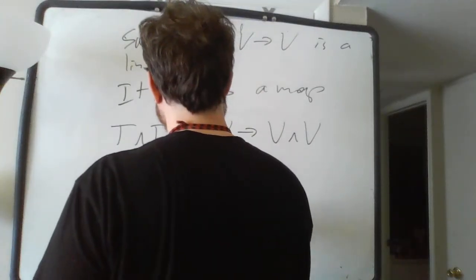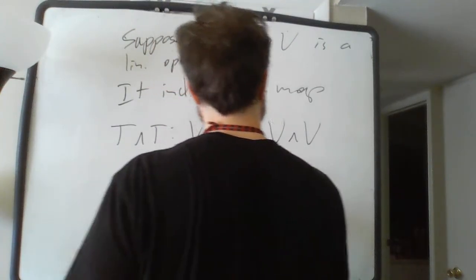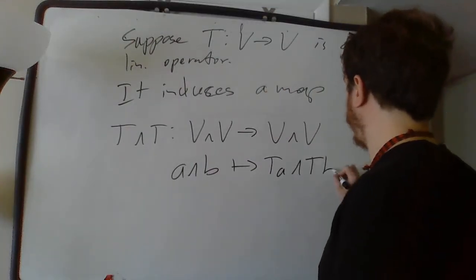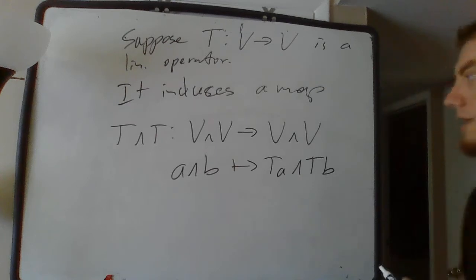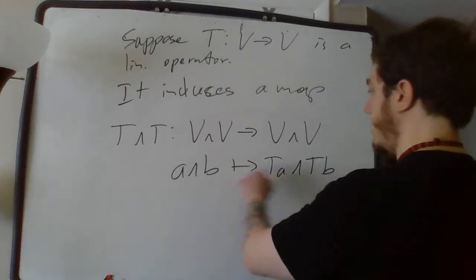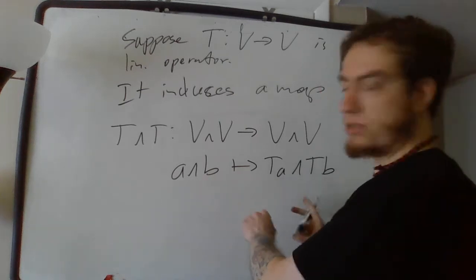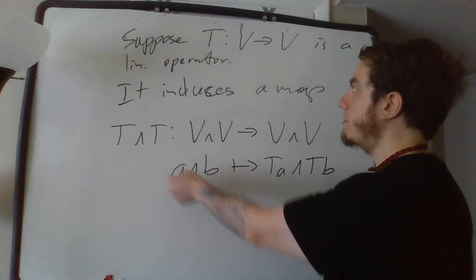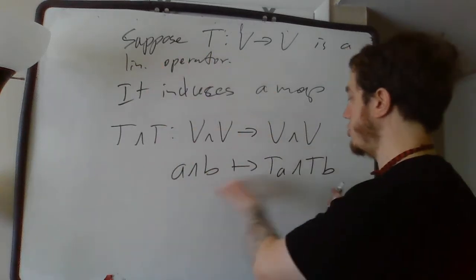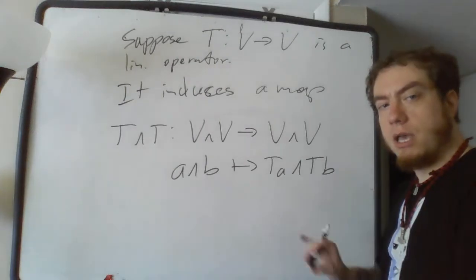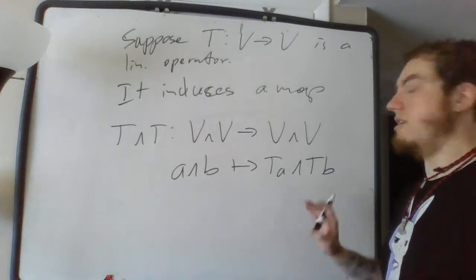Well, the idea is that it is going to take a wedged with b, and send it to Ta wedged with Tb. In other words, we just apply the linear operator to each piece of the vector separately, and then we wedge the results. Because the wedge operation and T are linear, you can check that all of this actually makes sense, that there are no issues involved.